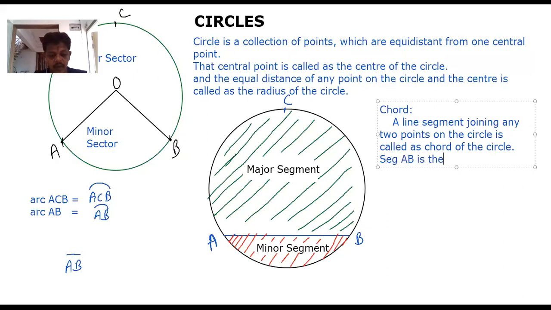Segment AB is the chord of the circle with center O. And mark and keep the center O as well.